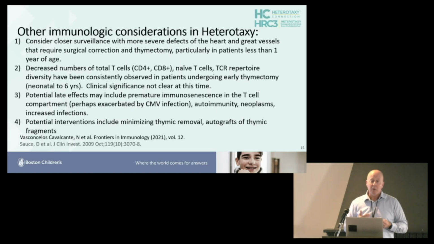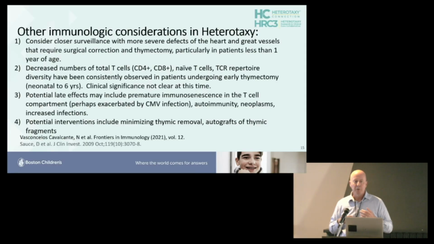Another consideration that we have as immunologists is we heard a lot of really fascinating talks about the surgical repair that these patients go through, and even heart transplants in some of them.